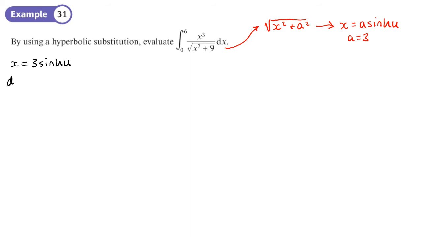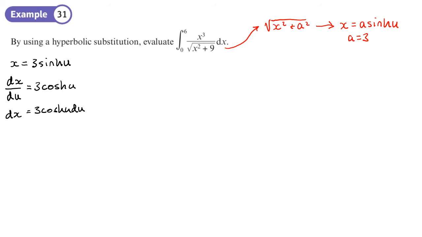I also need dx/du, so differentiating gives 3 cosh u, and I'll rearrange that so that dx equals 3 cosh u du.